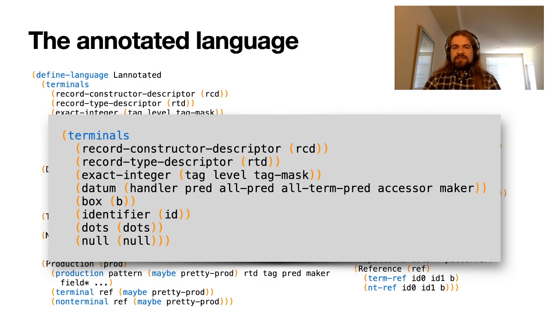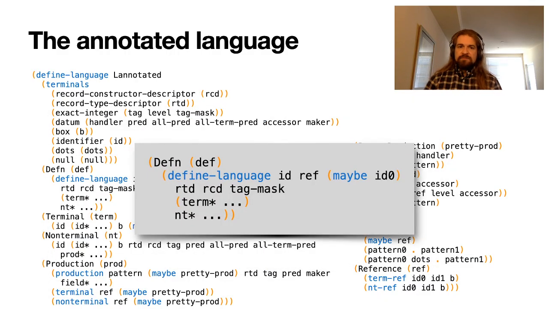And so these things are a little bit more complicated in there, but I ended up not using them that way here. We also have our box, of course, and identifier, and then we still have our dots and null to support our patterns.